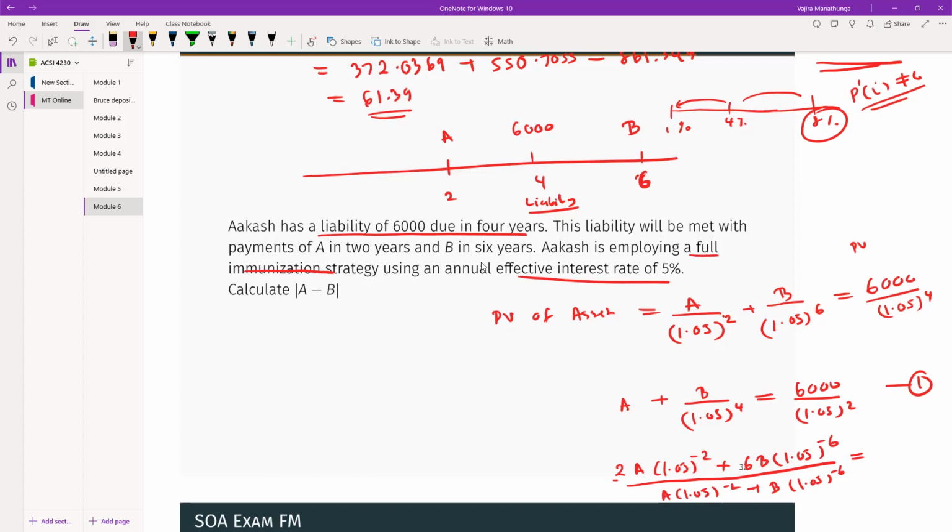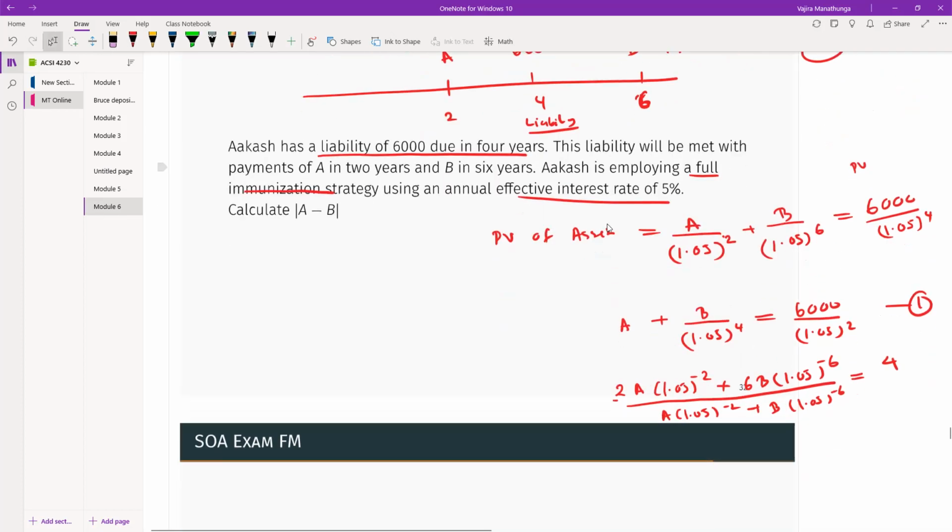Then that should be equal to the modified duration of the liability, which is basically 4. So you have two equations.